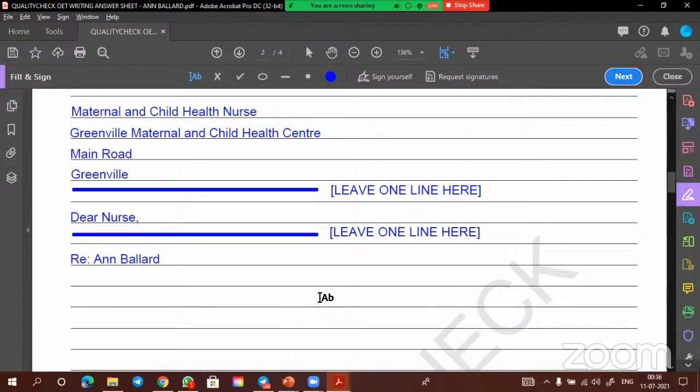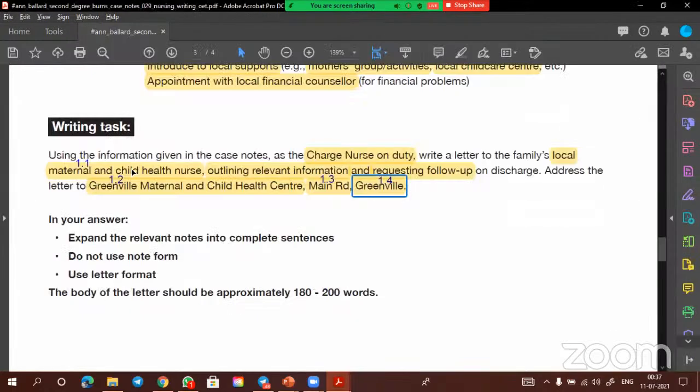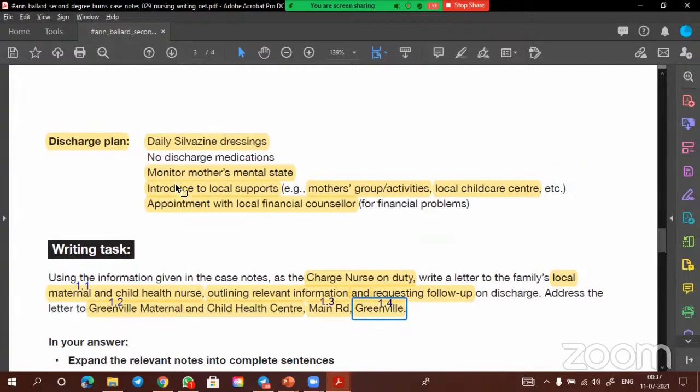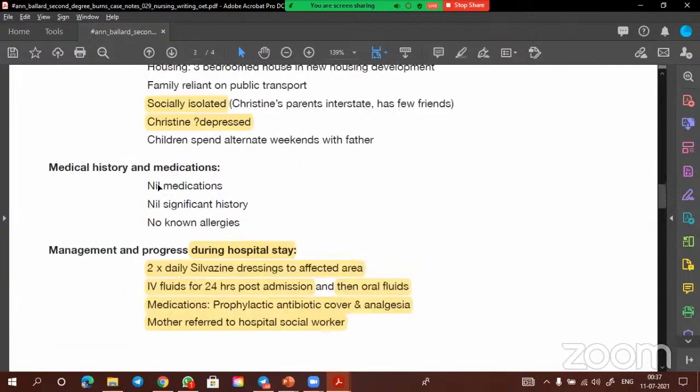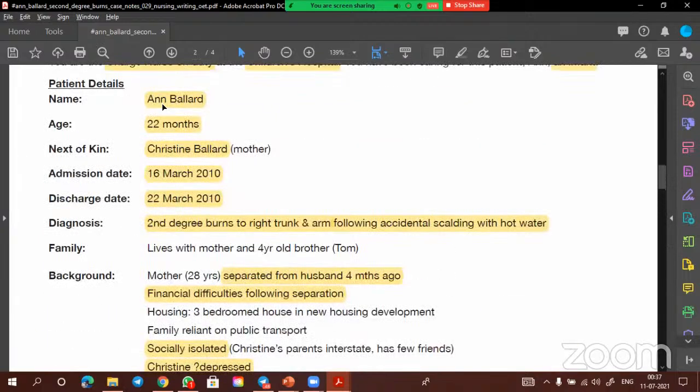So now let us see here. Ballard, 22 months old. 22 months old or 22 months. You can write in different ways.